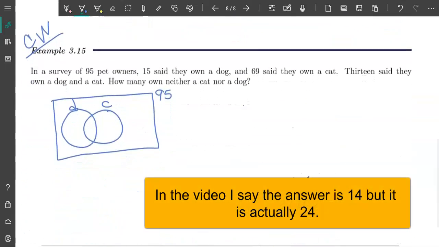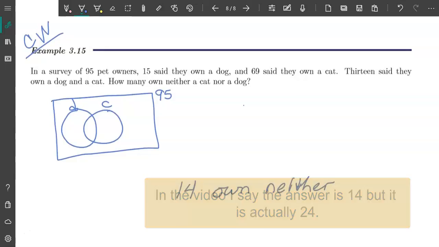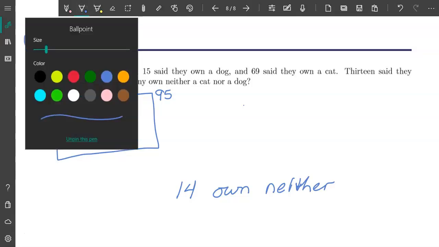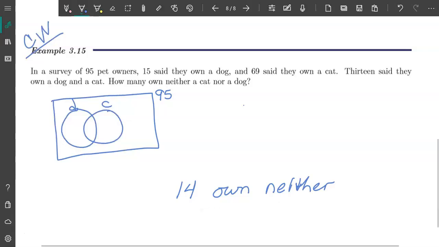And this classwork here, example 3.15, 14 own neither. So this one you just have to figure out the union first inside here by the information given, and then don't forget to subtract that off of the universal set there.